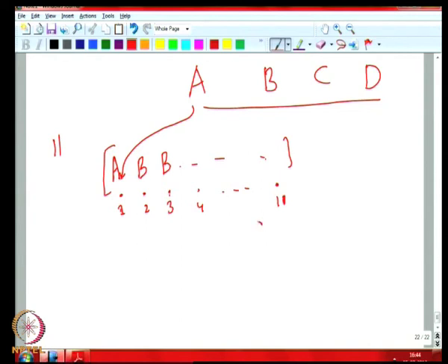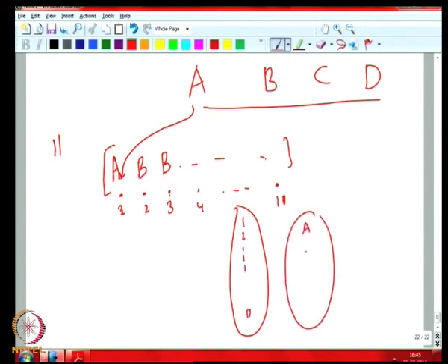So, in other words, in the function terminology, it will look like this. The people are written here 1, 2, 3 up to 11, and here the subdivisions A, B, C, D. Each person is assigned to a subdivision.